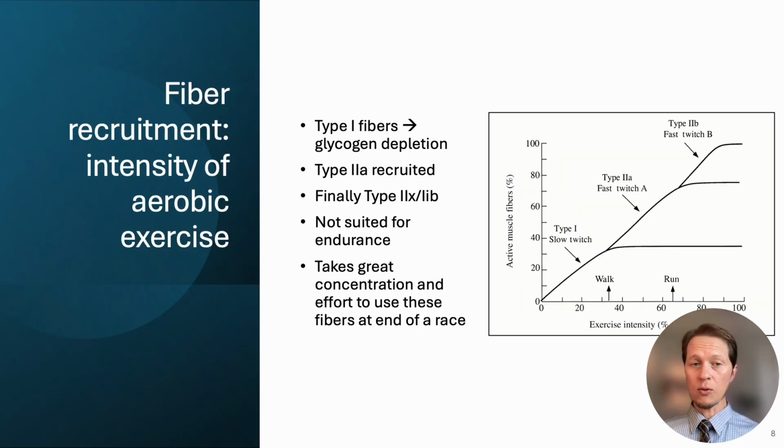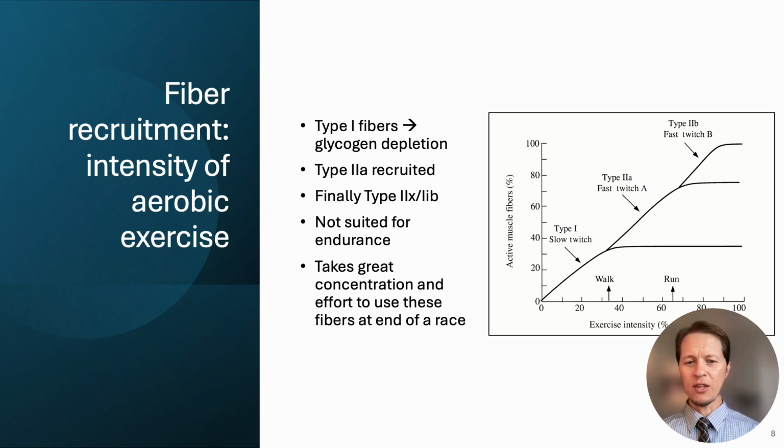Same thing though, the other way. Some people don't like to lift weights. They would rather just do aerobic exercise and do interval training. Well, the higher you increase your exercise intensity, in a similar stepwise fashion you go from type 1 to type 2 to type 2B.